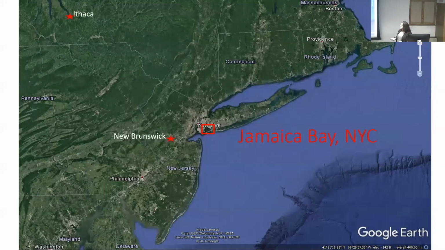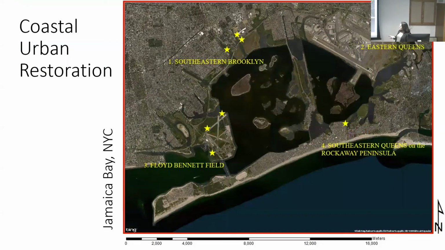So this work was done in Jamaica Bay. Here we are, here's New Brunswick, where Rutgers is, and this is Jamaica Bay, a little bit closer up. We set up 10 sites in different parks across Jamaica Bay in Brooklyn and Queens. These parks were assessed by the U.S. Forest Service social scientists as part of their park use and ecological and social assessment of parks.